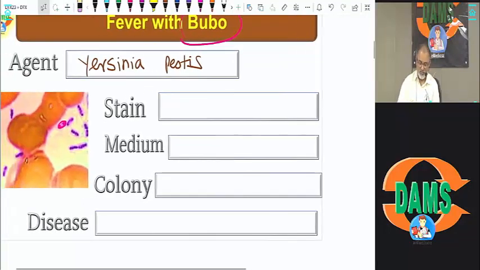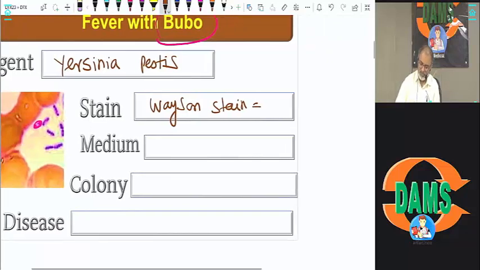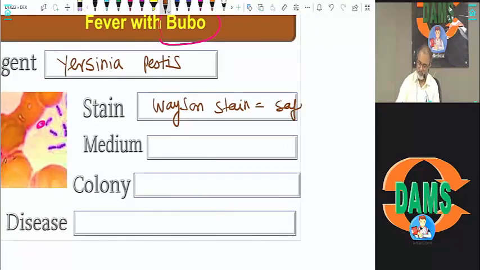What is the name of the stain? Wayson stain. It produces typical safety pin appearance. What medium?